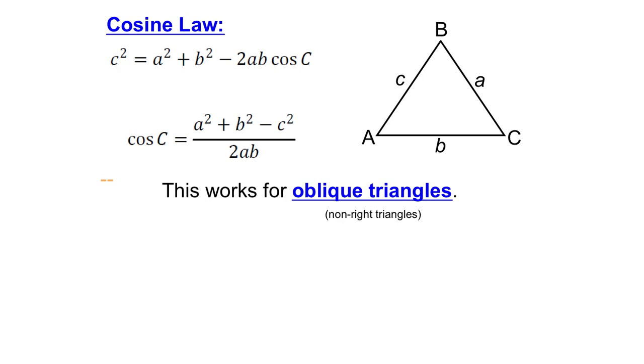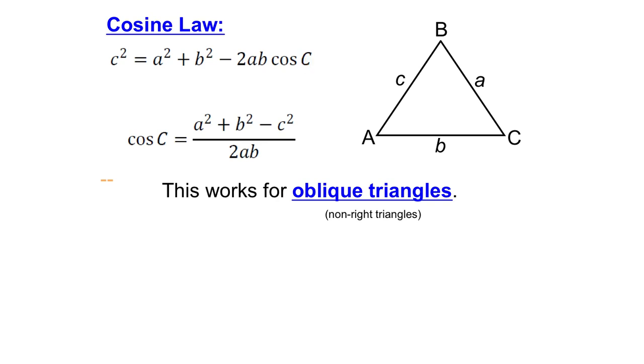Side c is the side length that is opposite to that angle. So the cosine law, written this way, is set up for you to solve for a missing side length. c represents the side that you're trying to calculate. a and b are just the other two sides of the triangle. And angle C is the angle that it's opposite to.